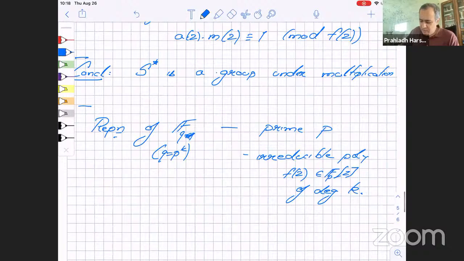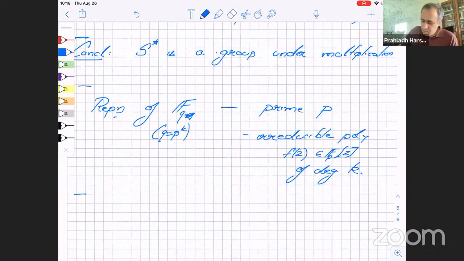I have said all this. I need three other facts about finite fields, the only three properties of finite fields that I think I will use in this course.